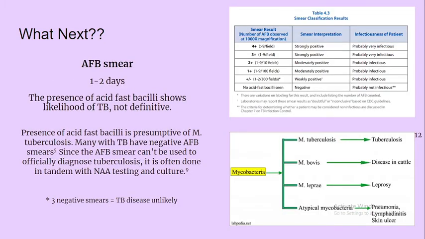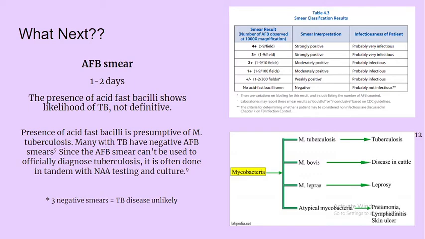Yeah. So using that sputum, the next thing is an AFB smear, acid-fast bacilli smear. It takes 1 to 2 days, and the presence of acid-fast bacilli here really shows the likelihood of TB, but it's not definitive, because in acid-fast smears, other mycobacteria might appear.